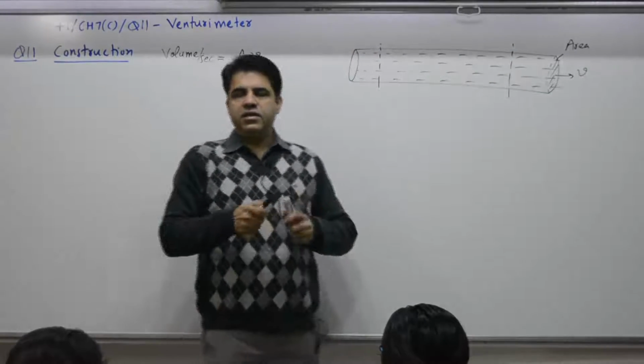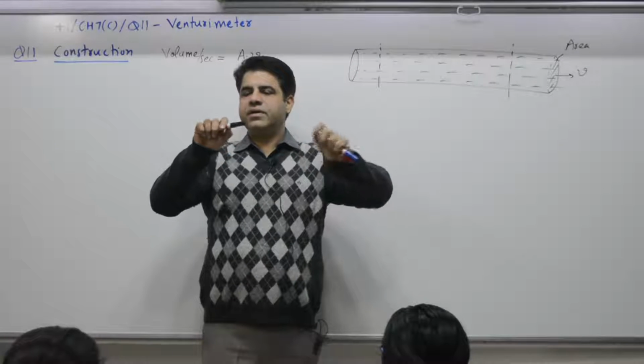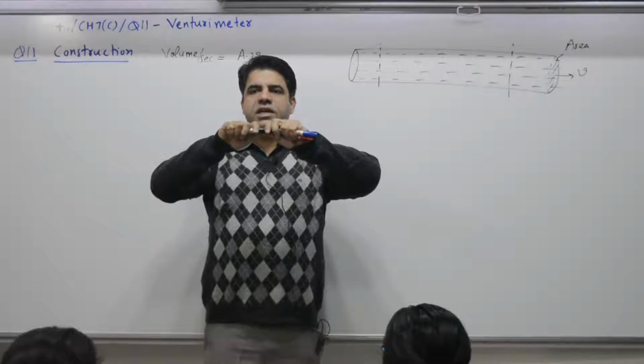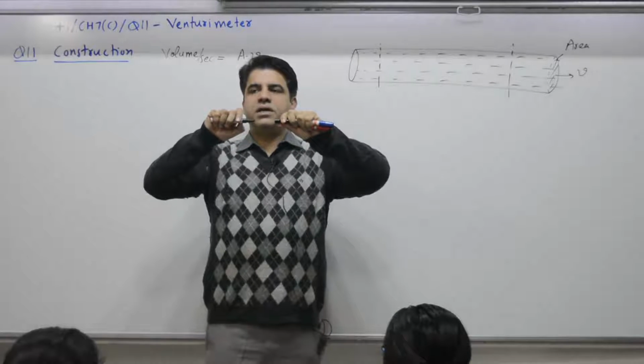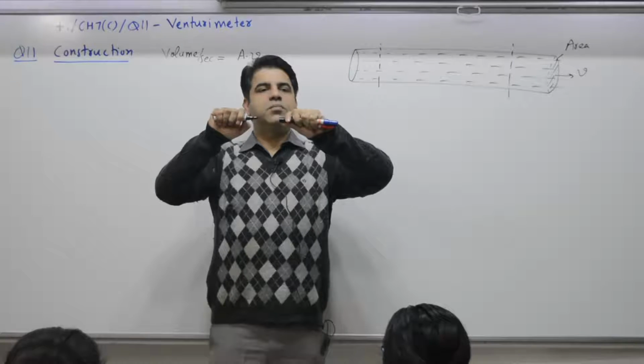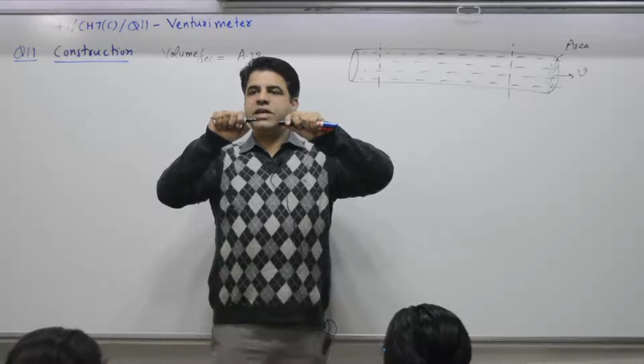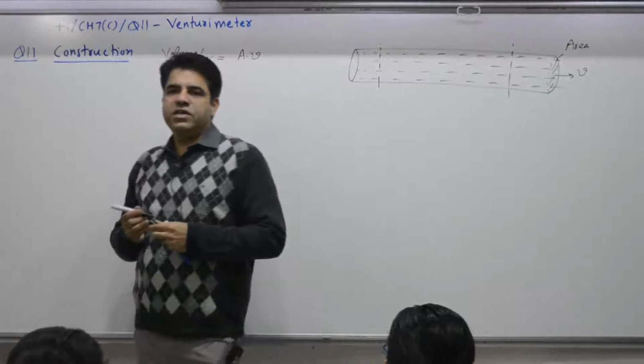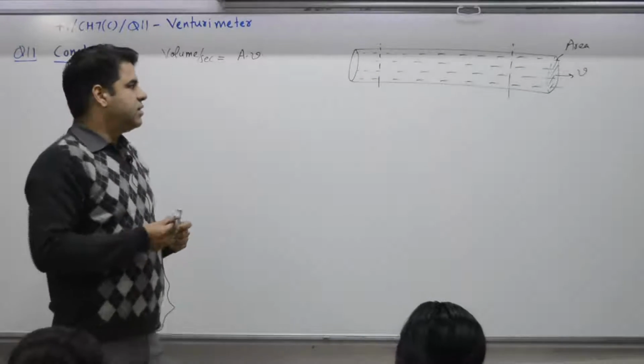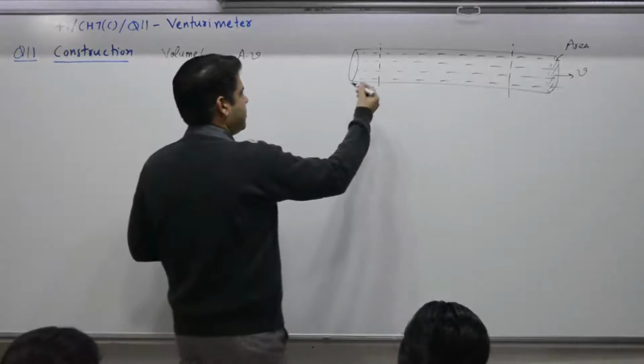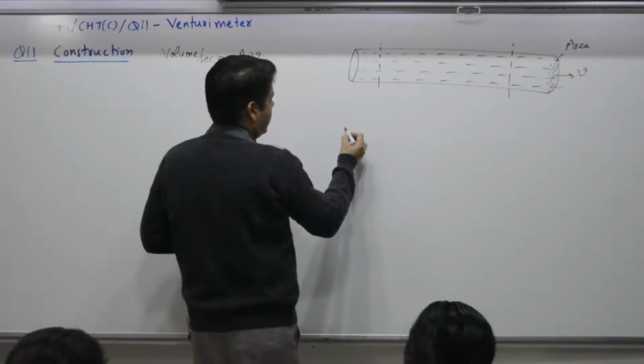Like you have a pipe and you cut it at the center. Now this part, you fit your venturimeter in between the two. That device is fitted in between the two for measuring what? Speed, and using speed you can find out volume.